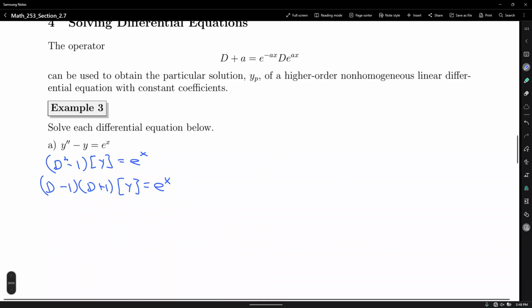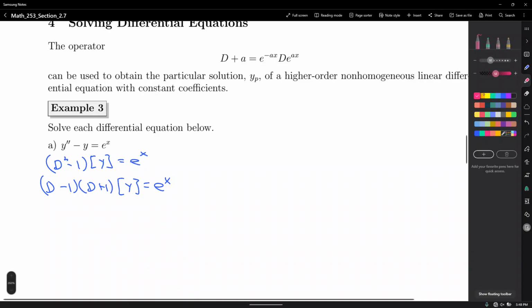Okay, so the first operator, let me highlight it with one color. We use yellow for the first one, the operator d minus 1. Do you guys agree that d minus 1 is the same as saying d plus negative 1?